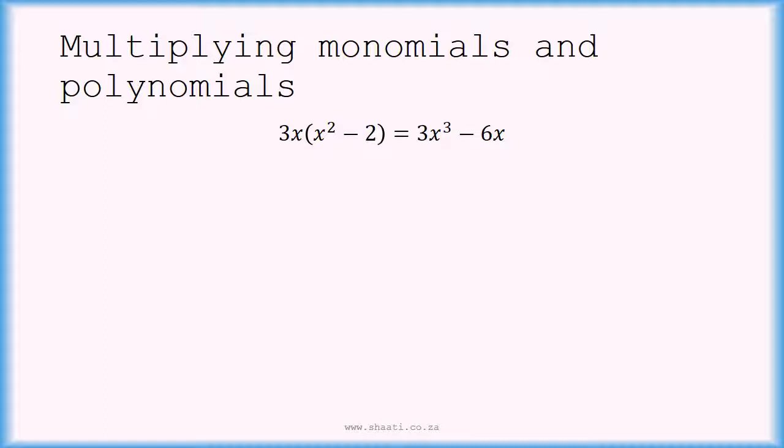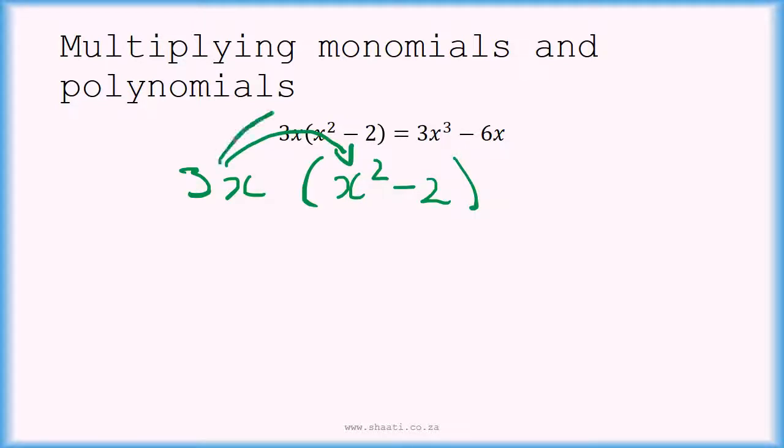Let's do that. So we've got the 3x times x squared minus 2, and I'm going to multiply the 3x by the first term as well as by the second term. So 3 times 1 is 3. x times x squared is x to the power of 3.